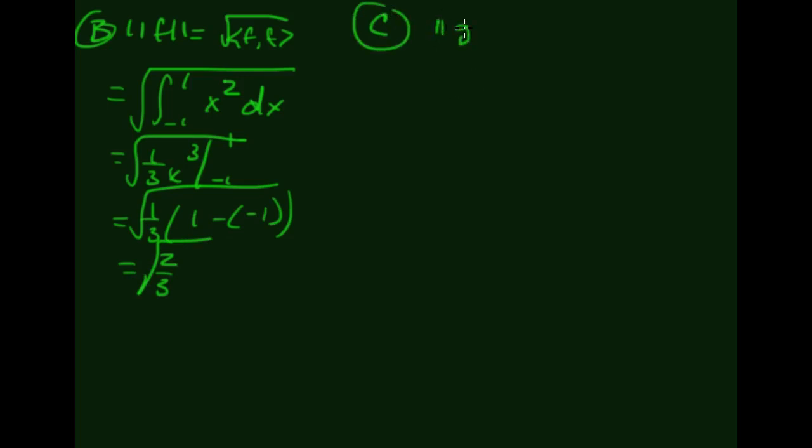C wants the norm of g, which is square root of the inner product of g with itself. So this is going to be square root of the integral from negative 1 to 1 of e to the x times e to the x, which is e to the 2x dx.